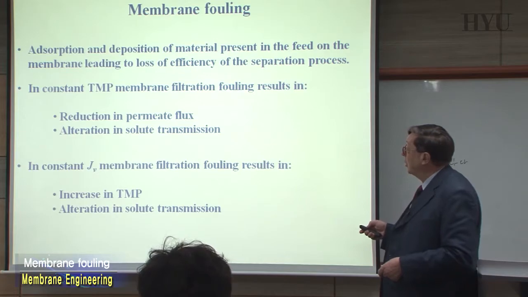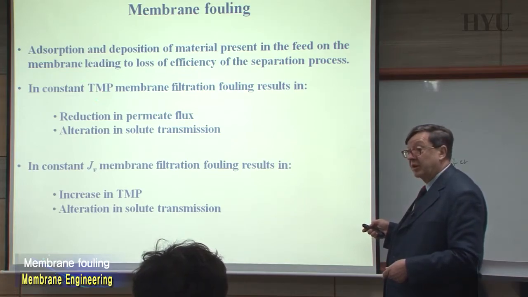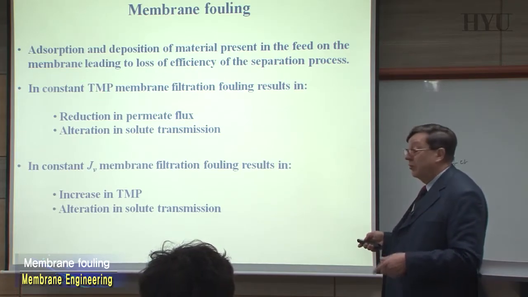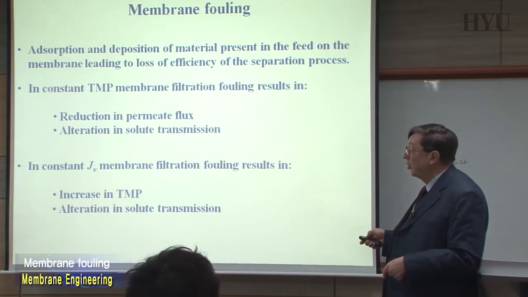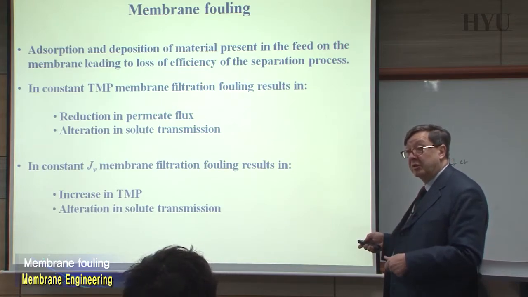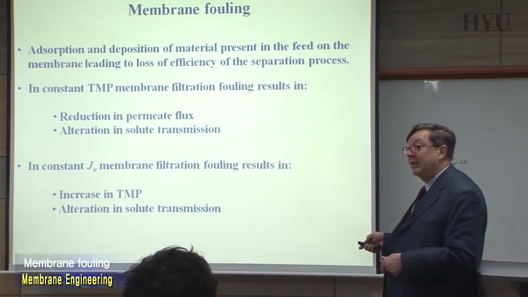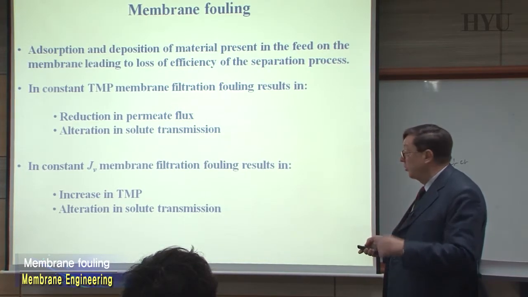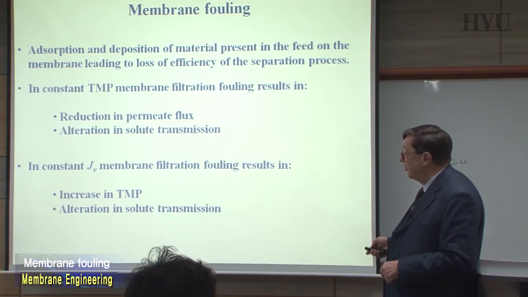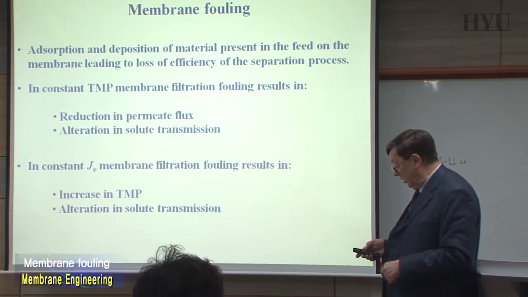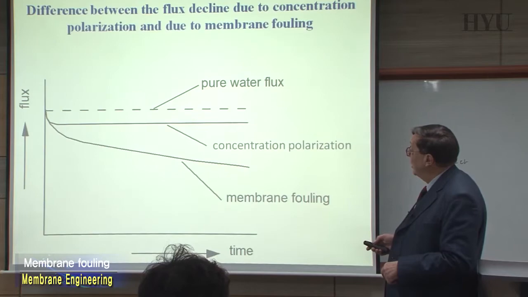That is when you are working with a constant transmembrane pressure normally. If you are working your system with a constant JV, that means volume of filtrate, you can have a significant increasing in the transmembrane pressure. That means pressure drop is going up, and again, you can have just changes in the selectivity.